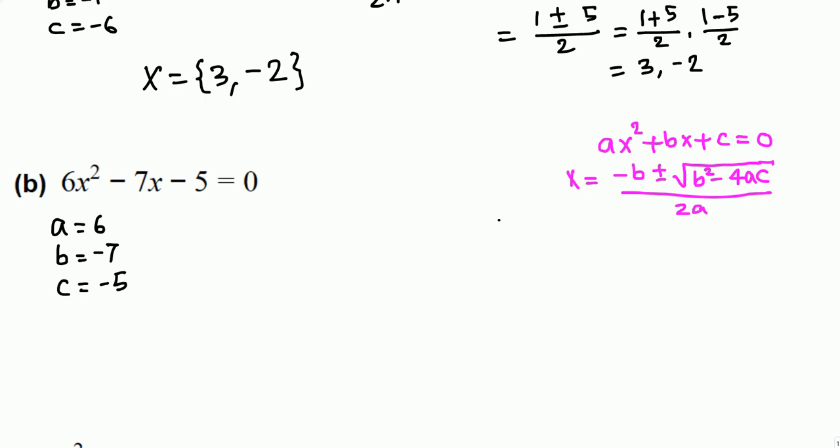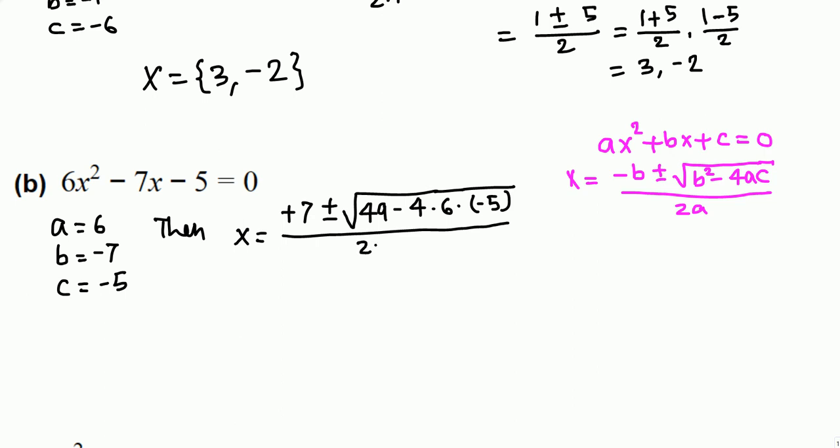Then using this quadratic formula, we get x equals negative b, so negative of negative 7, in fact positive 7, plus or minus root of b squared, negative 7 squared, 49, minus 4 times a times c, 4 times 6 times c, which is negative 5, all over 2a, 2 times 6.